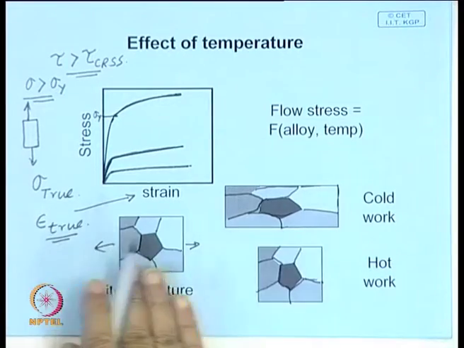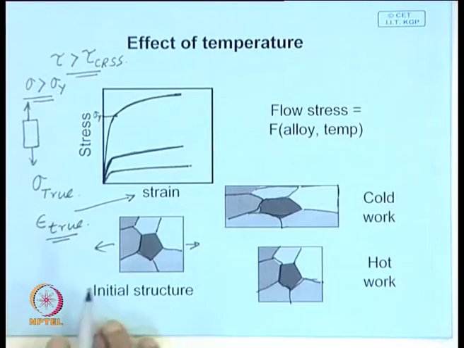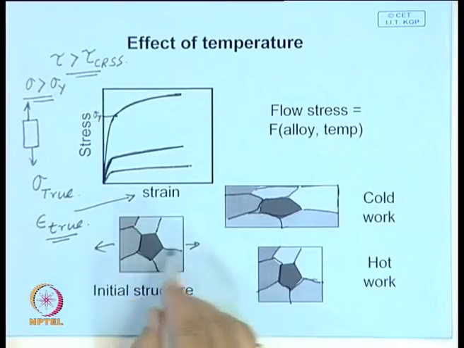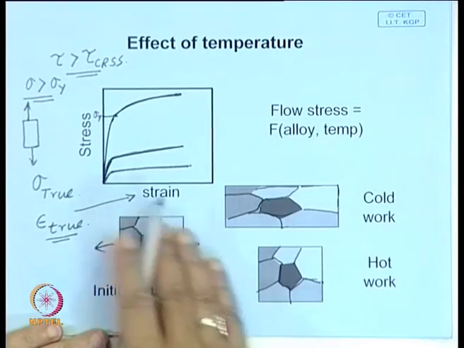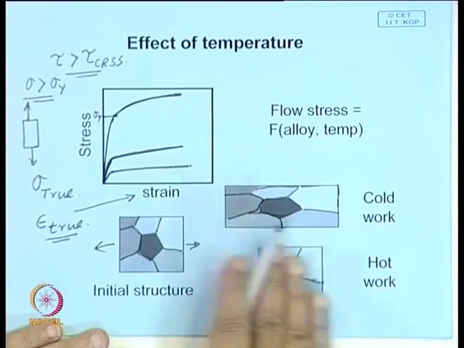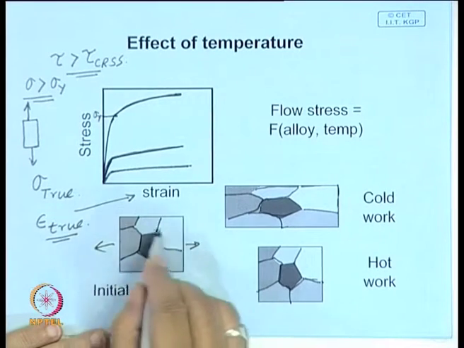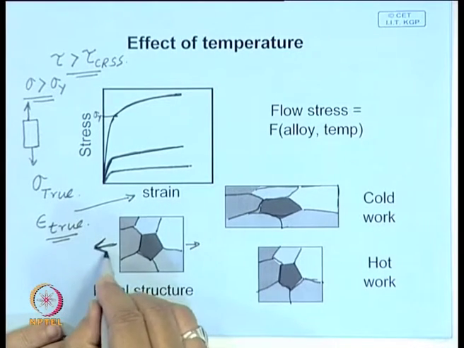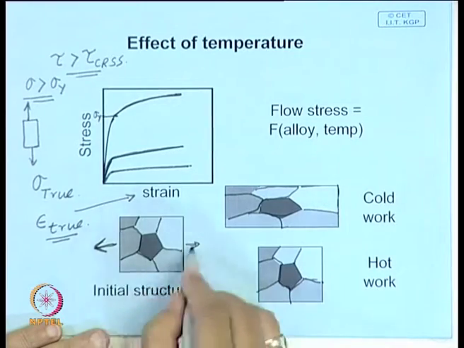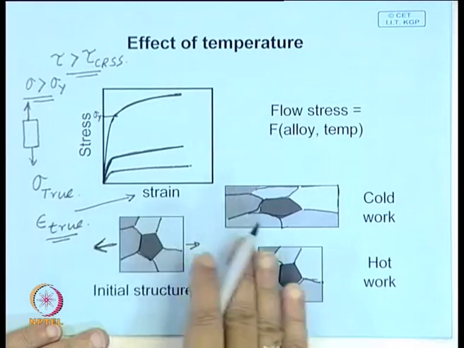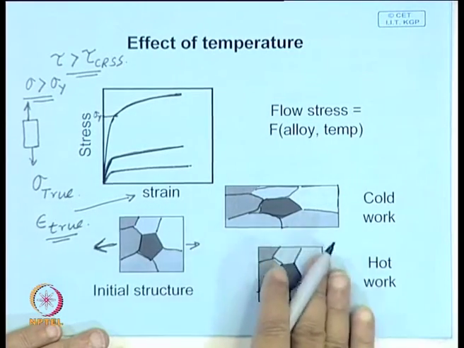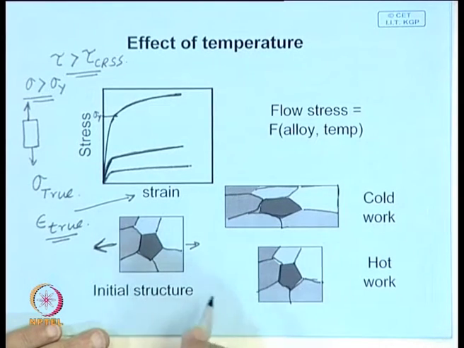I am not talking about the initial, let us say dendritic structure here, ignore the dendritic part of that structure, that will get reformed in hot working. But apparently if you take the initial virgin material which looks homogeneous, after hot working also you will get a similar type of structure.